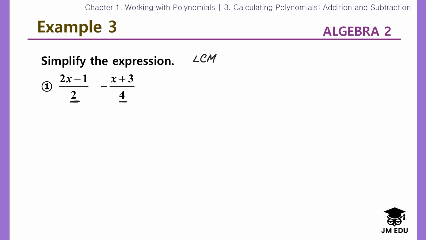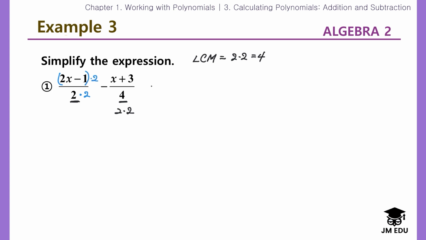Here's 2. 4 is actually 2 times 2, right? So the least common multiple must have at least two 2's. Two 2's, so that is equal to 4. So what I need to do is make this denominator 4, by multiplying by 2 here and all of this expression by 2.